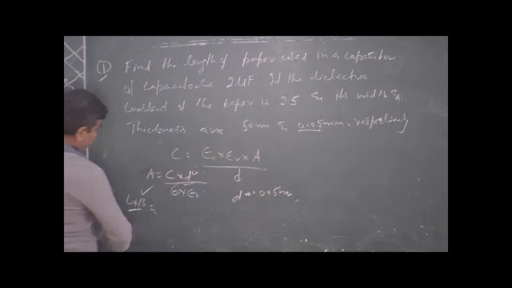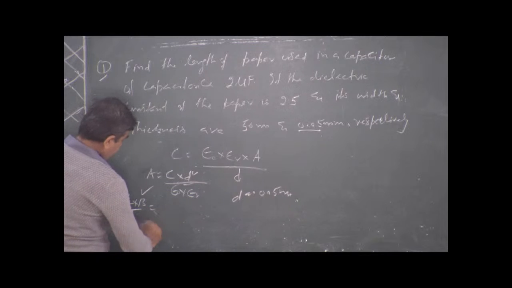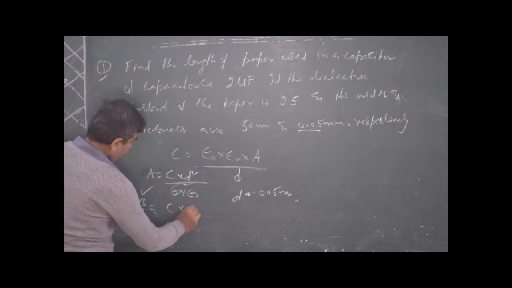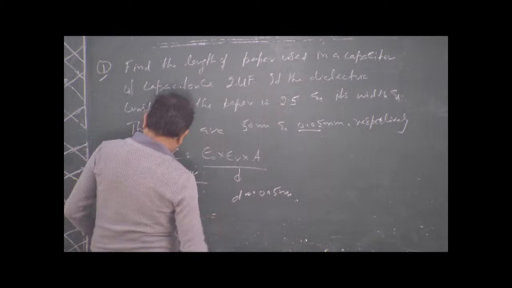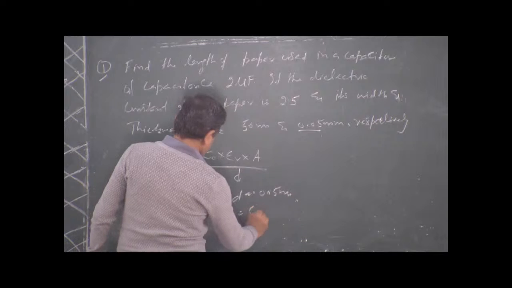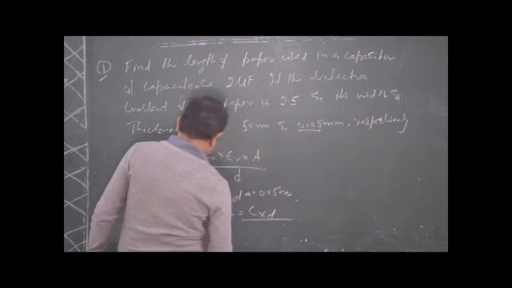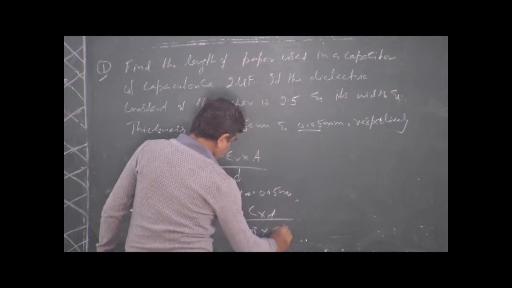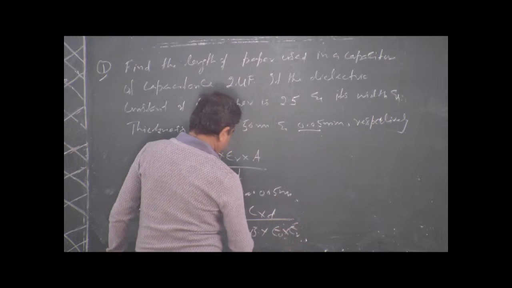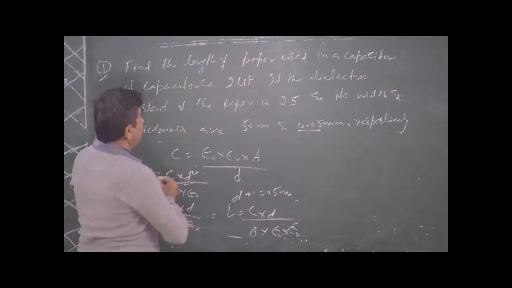So length of the paper will be equal to, L will be equal to, from this expression एरिया की वैल्यू आप पुट करेंगे तो ये will हो जाएगा आपका C into D upon epsilon naught into epsilon R. So it will be equal to, L will be equal to C into D over breadth B into epsilon naught into epsilon r.